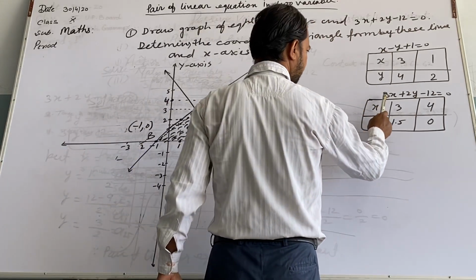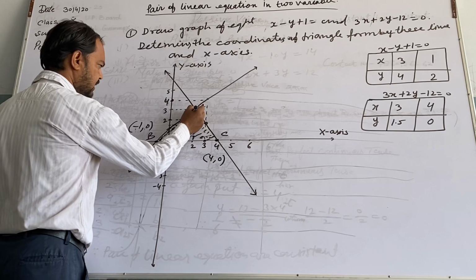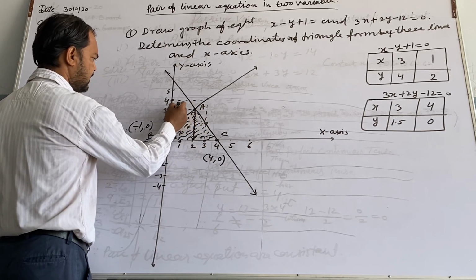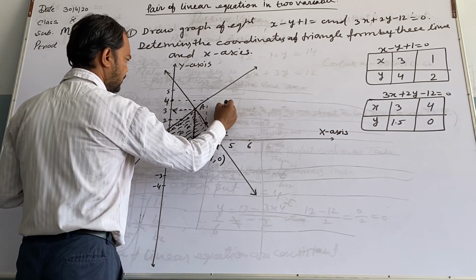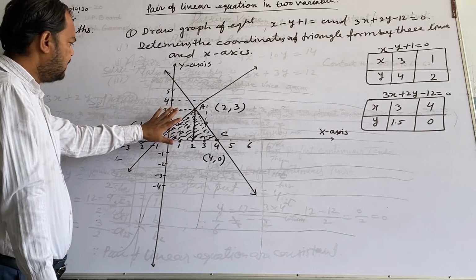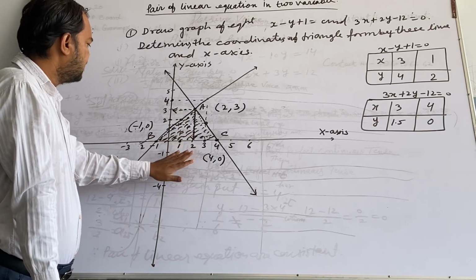See, in this place we find that this point meets the x-axis at 2 and the y-axis at 3. So this 2 and 3 will be the coordinates of point A. If you draw it on a graph, you will find it clearly, exactly like this, and the exact value also.